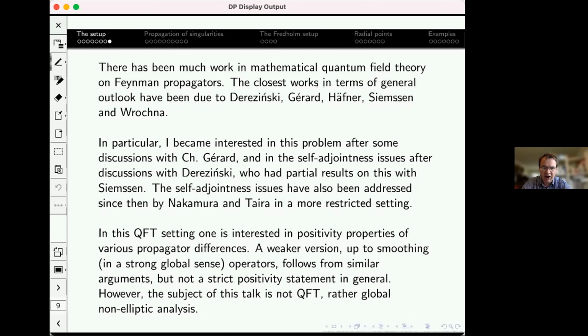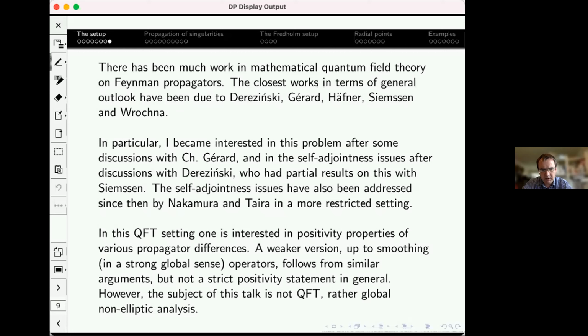In fact, I became interested in these sorts of problems after talking with Christian Gérard, and then the positivity issues and the self-adjointness issues after discussions with Jan Derezinski. And before I started working on this, he had partial results with Simpson on this. And more recently, there's also been work on self-adjointness issues by Shu Nakamura and Koichi Taira in a more restricted setting.